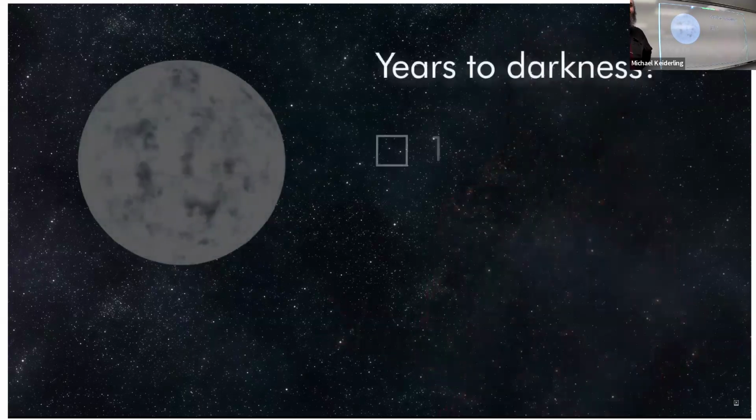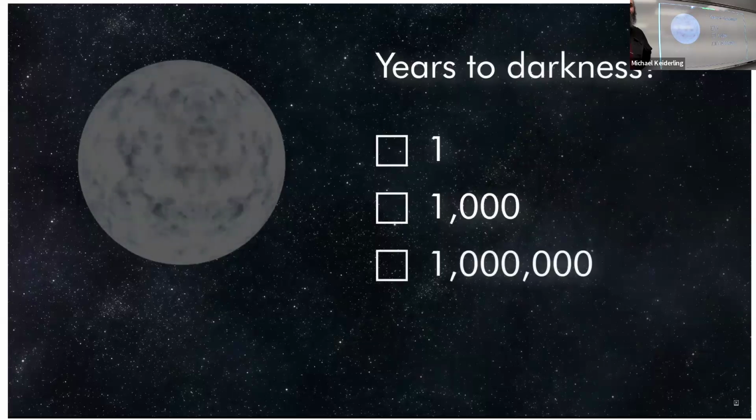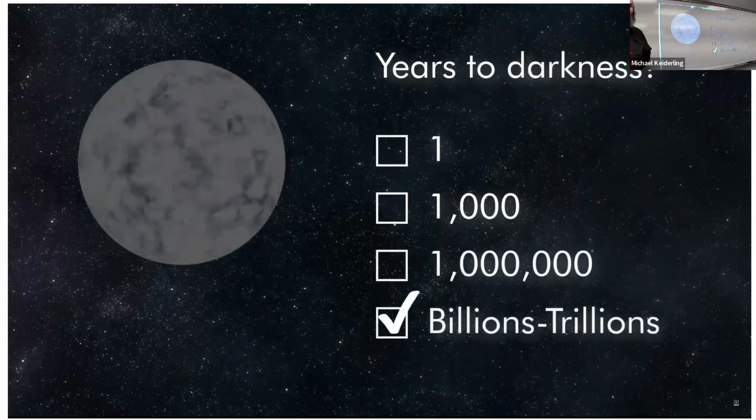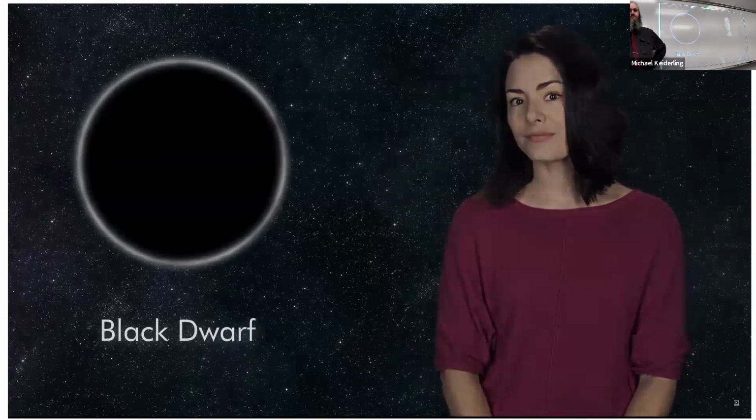So how long do you think it will take the white dwarf to cool down to the point that it goes dark? 1 year? 1,000 years? 1,000,000 years? It's believed it will take trillions of years for white dwarfs to stop glowing. That's longer than the current age of the universe. But one day, somewhere in space, the lights will go out in a white dwarf. At that point, all that's left is a dead ball of dark matter, which we call a black dwarf.